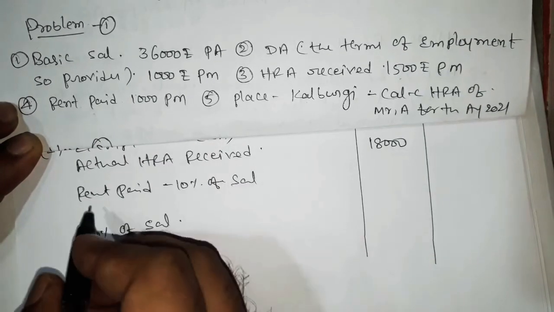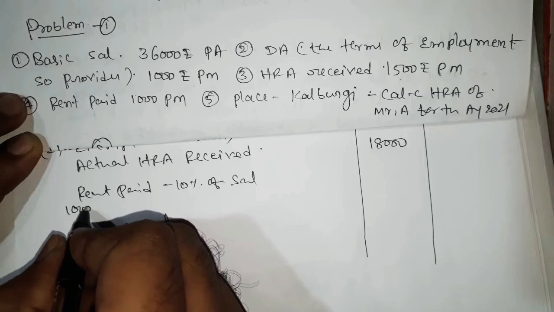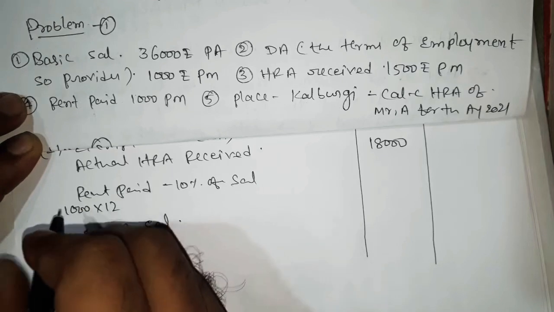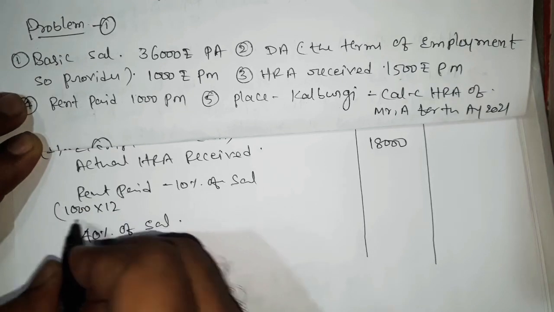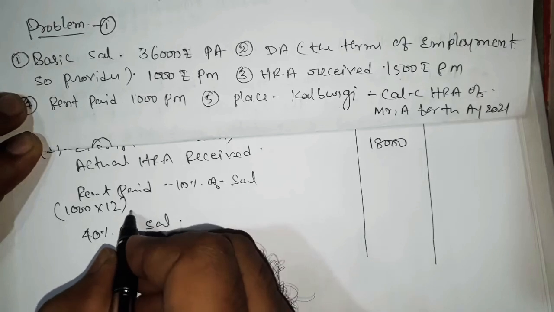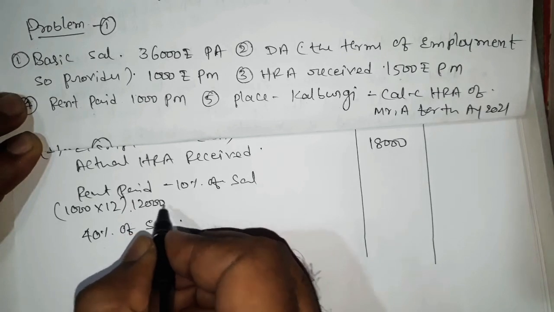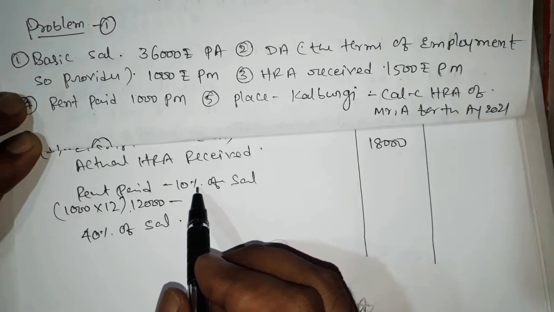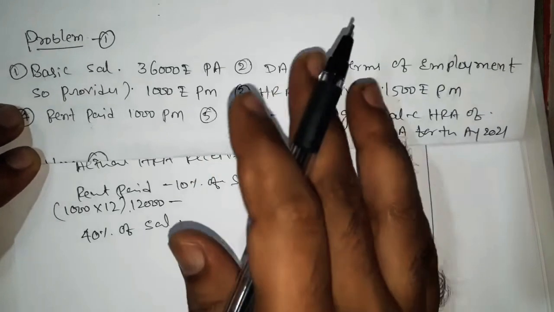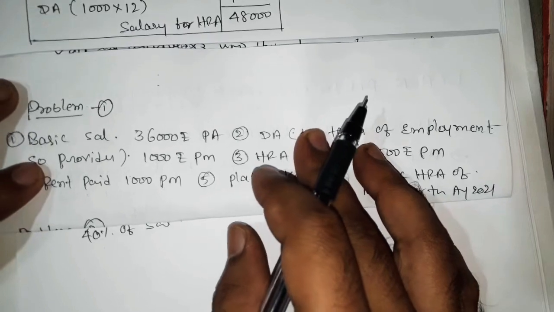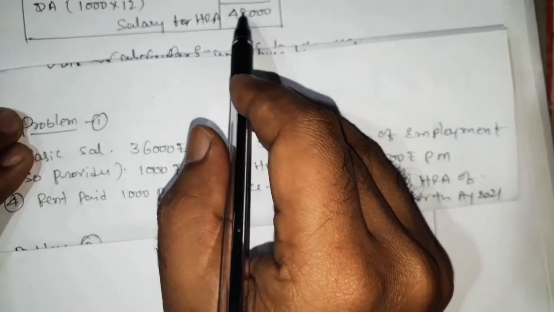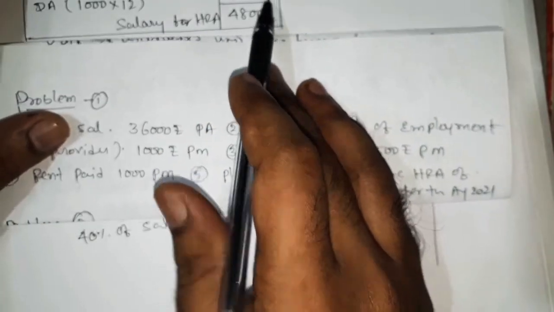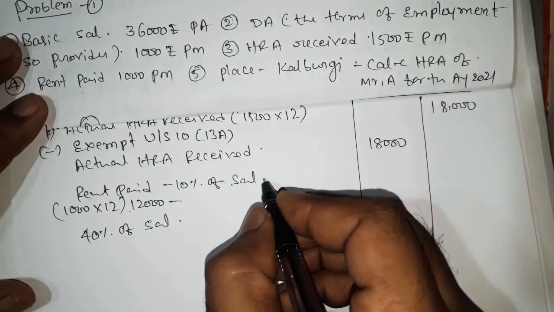Rent paid 1000 into 12 becomes 12,000. Less, that is 10 percentage of salary. The salary we have already found is 48,000. 10 percentage of 48,000 means 4,800.